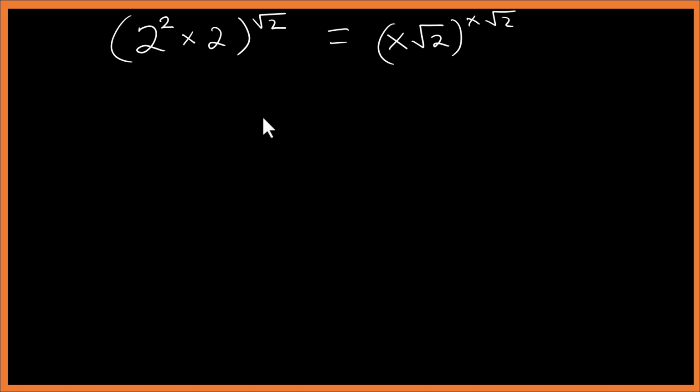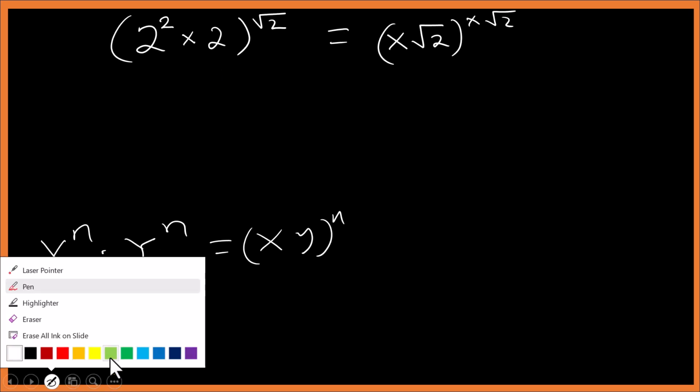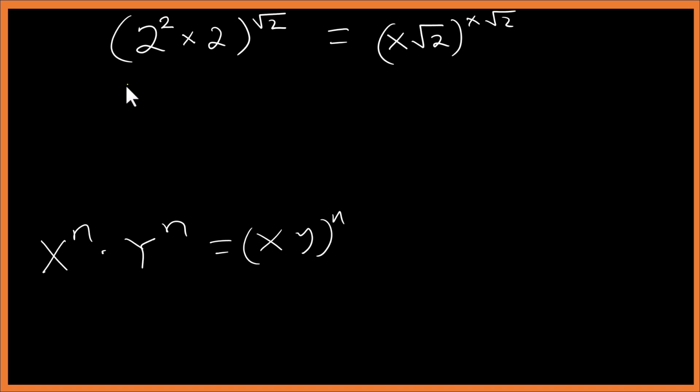Now let's watch this here. Now let's use this powerful rule, x raised to n times y raised to n is the same as x y raised to n. Now we want to make this side equal. Okay, now we can adjust this one, so let me change the color here, very careful here. So we have 2 times.